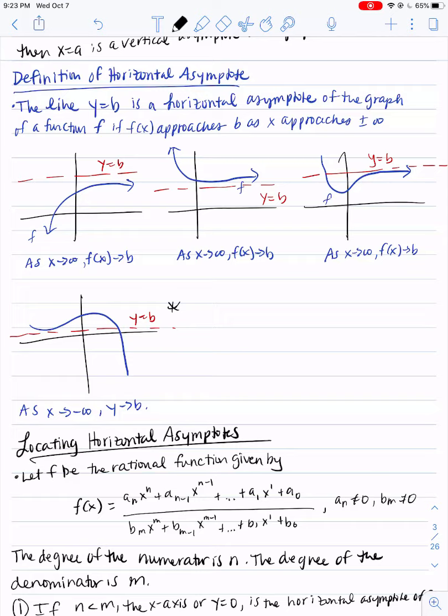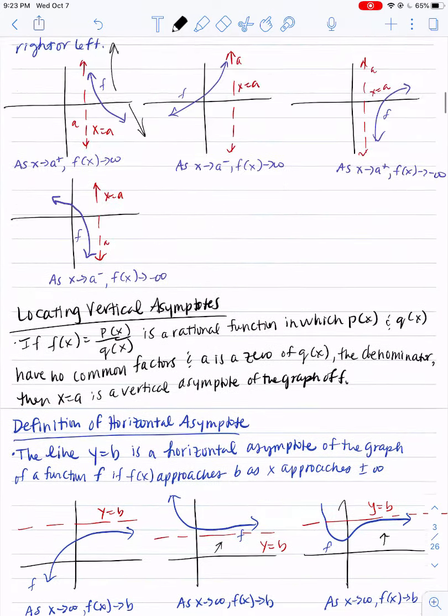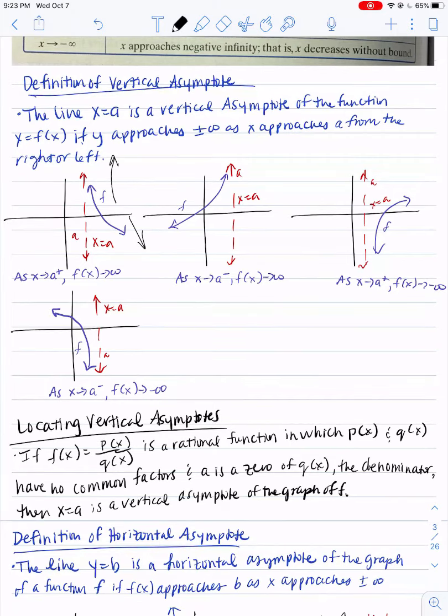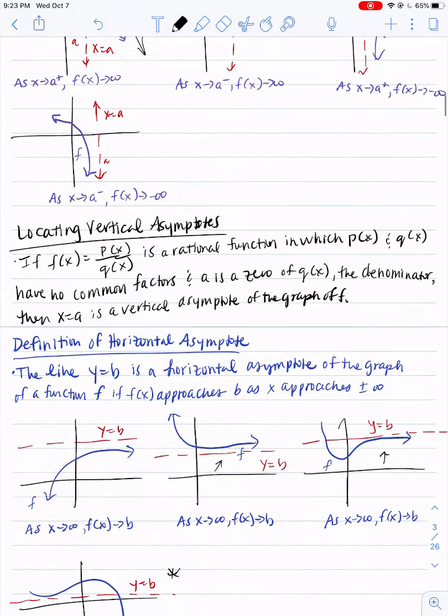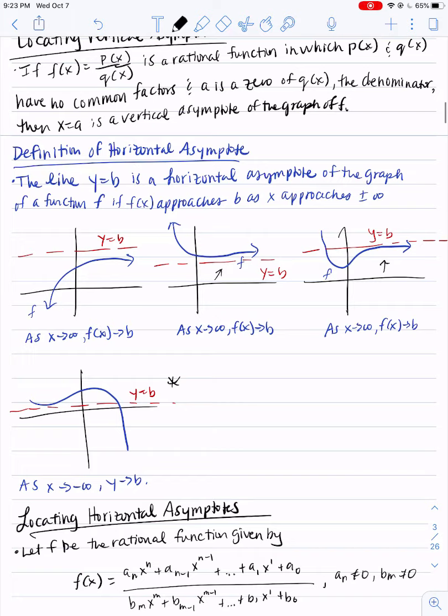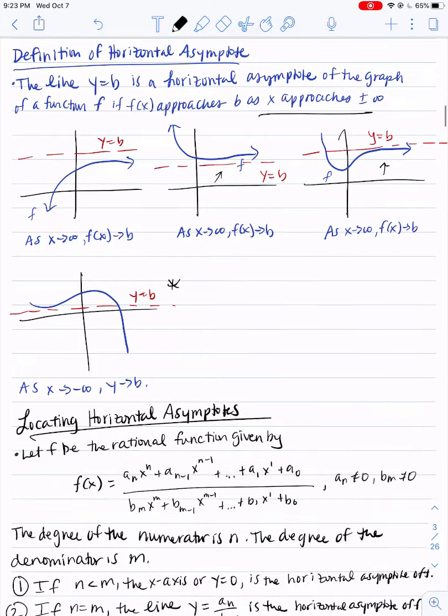But in these other cases, it's approaching it but never really getting to it as x approaches positive or negative infinity. This is different from our vertical asymptote, where y approaches positive or negative infinity, while here x approaches positive or negative infinity.